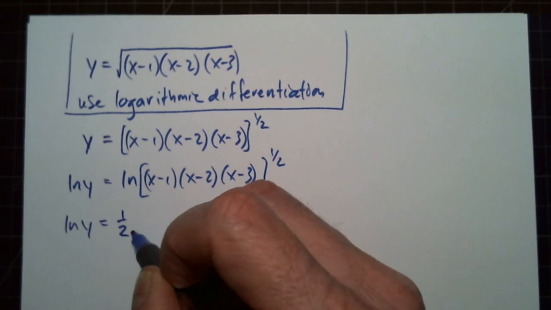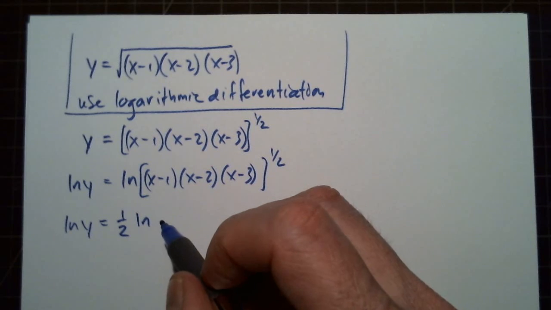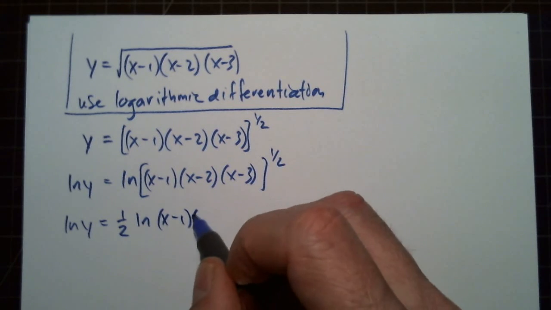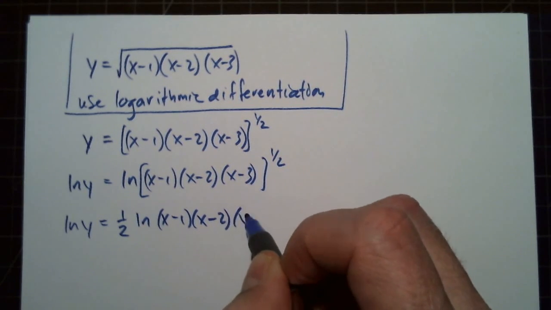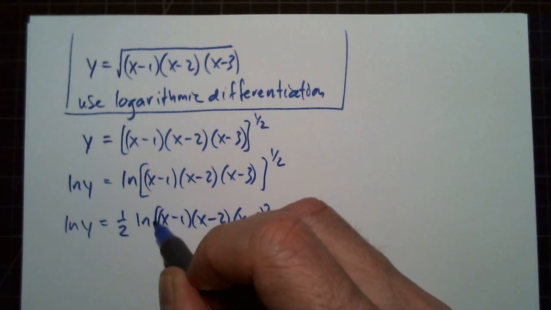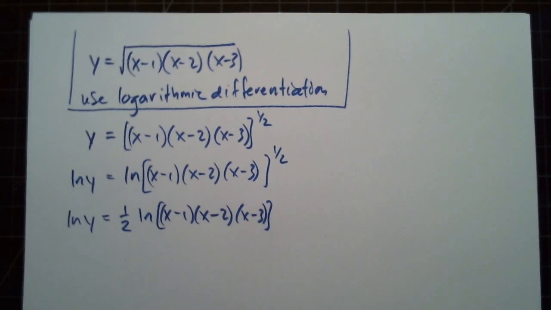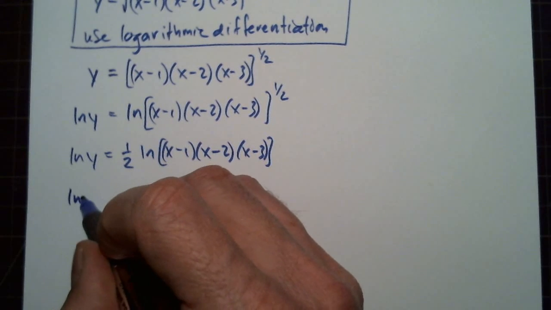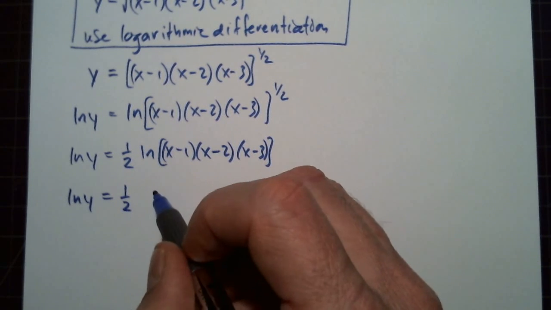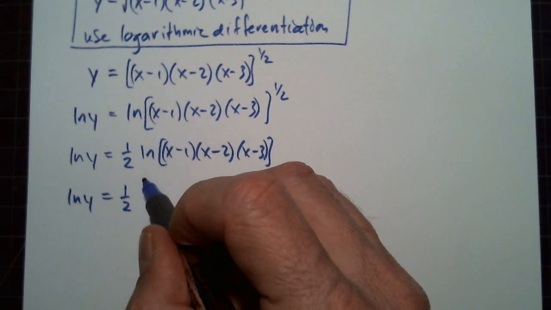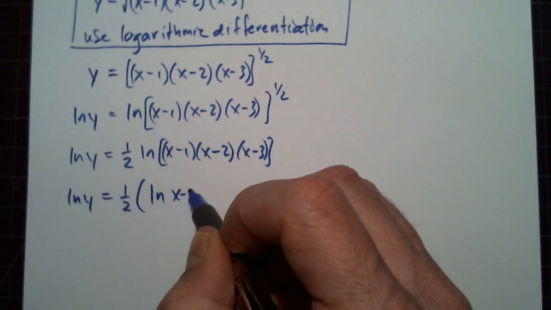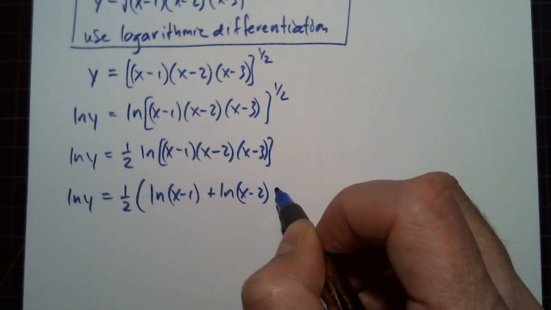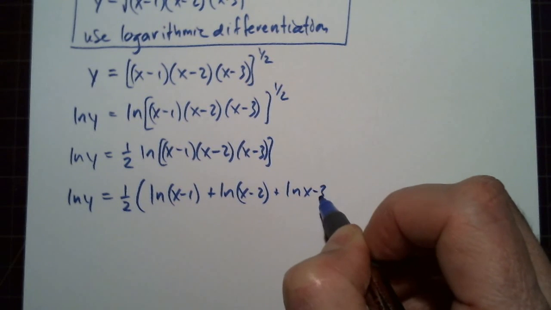This is not calculus yet. We're not doing a derivative. And we have another property of logarithms to expand that. So we're going to have 1/2 times ln x minus 1 plus ln x minus 2 plus ln x minus 3.